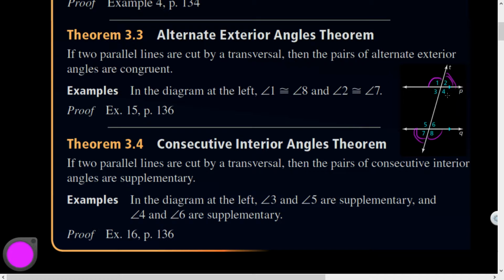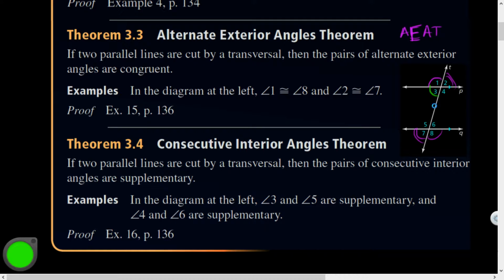So those are congruent to each other. And then the last one: consecutive interior angles theorem. Don't let it fool you, friends. These are not congruent to each other.